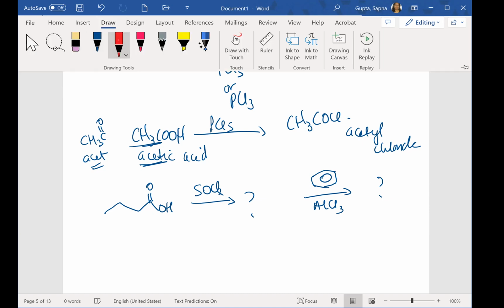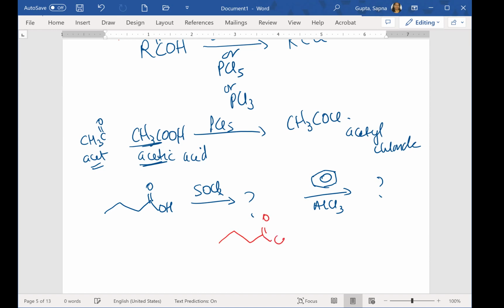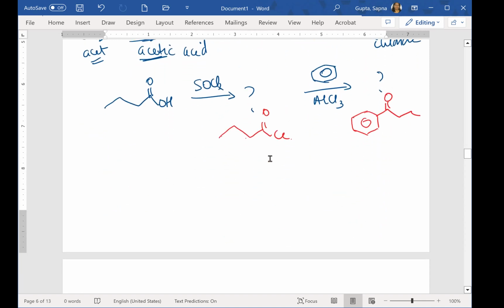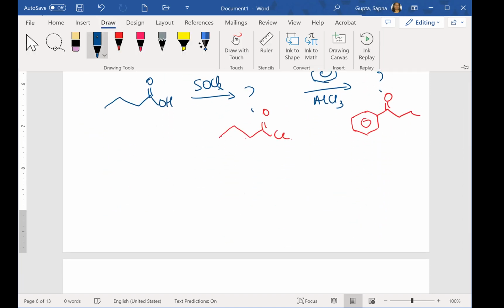I will get acyl chloride here, and that acyl chloride can now react with benzene, and 1, 2, 3, 4 carbons, and then that. So you can see we write reactions quite differently for benzene reactions, because we are so used to seeing substrates and products. But here things are written a little bit different, and we have to get used to everything.